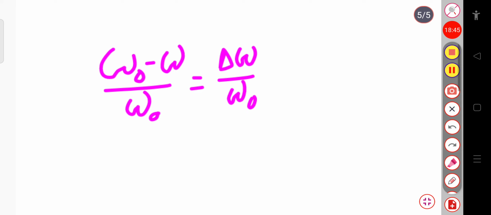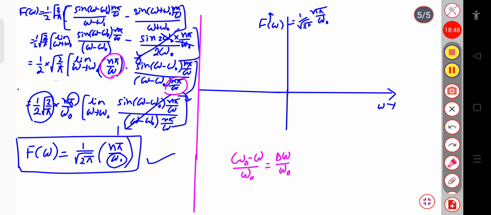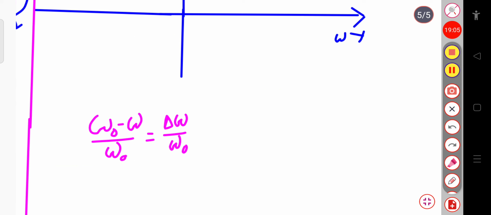Now you can see that for this omega naught, if you put plus or minus 1 by n, plus or minus 2 by n and so on, then we can say that the zeros of delta omega by omega naught exist. So this condition is applicable if delta omega divided by omega naught equals plus or minus 1 by n, plus or minus 2 by n and so on.